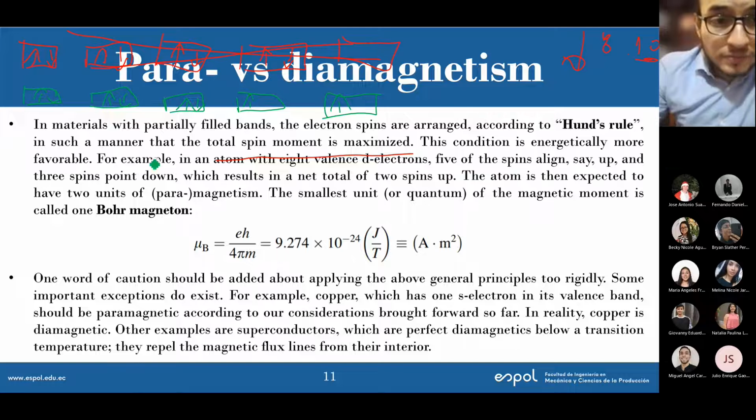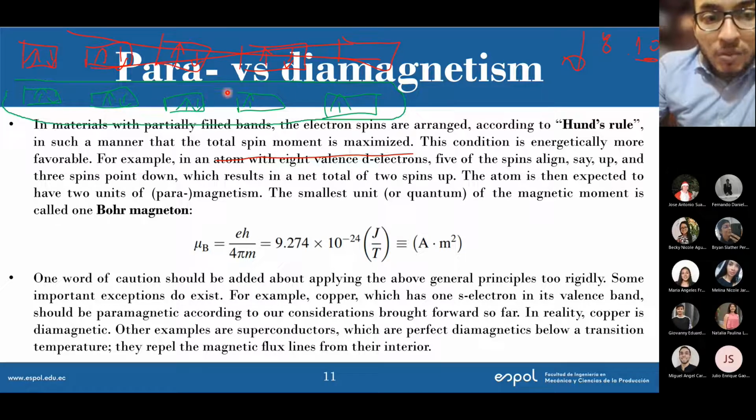And look what happens. 5 spins are actually aligned upwards, and 3 spins are aligned downwards. If you just look at this, you have a net total of 2 spins up, because this one right here cancels, they two cancel each other, they two cancel each other.